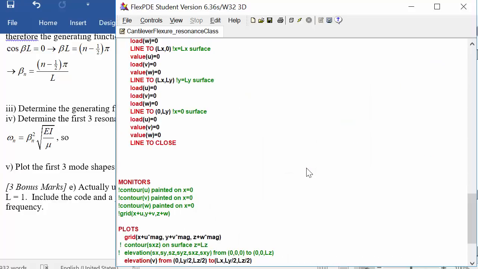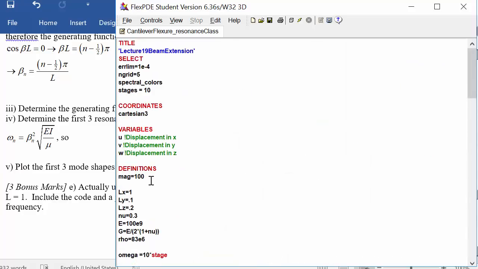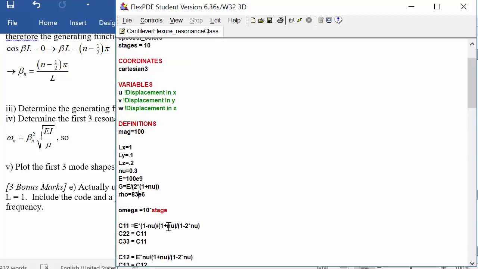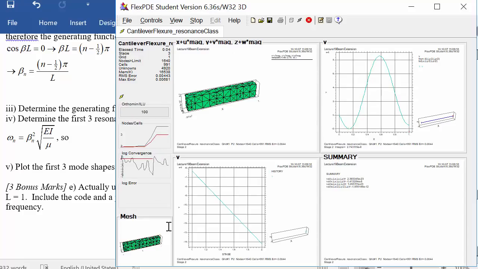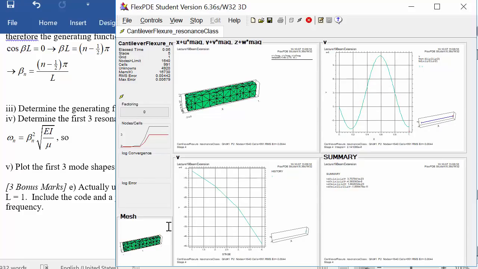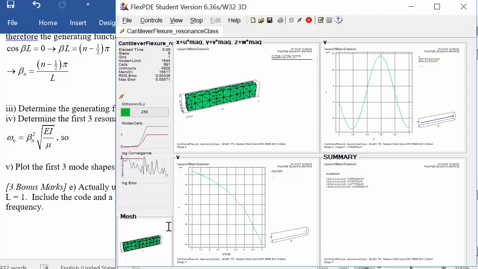Okay, so let's go and zoom in the frequency. So let's say 50 plus 1 times stage, and see what we get. Looks like we're approaching a resonant mode there.